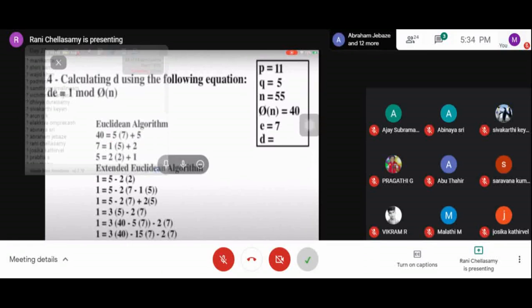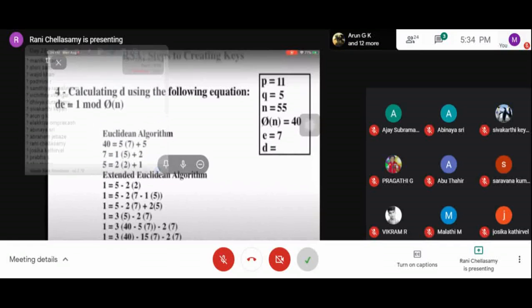Now with this equation, move the 7. Always you have to take the remainder value and the value of how many times it goes. So 7 should be taken to the left side, and the remainder value is 5.